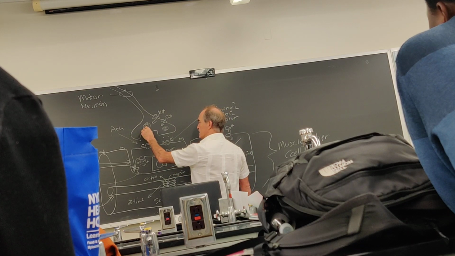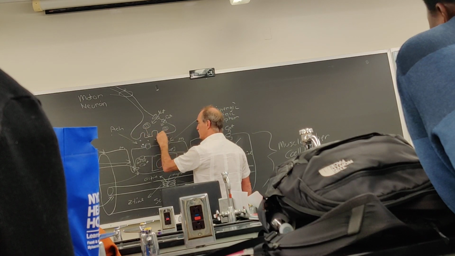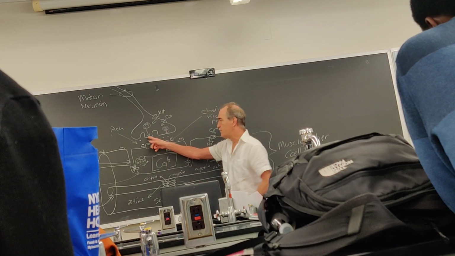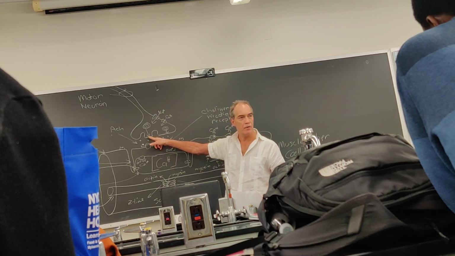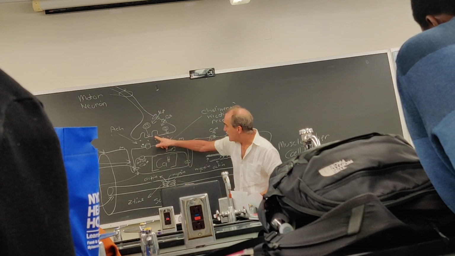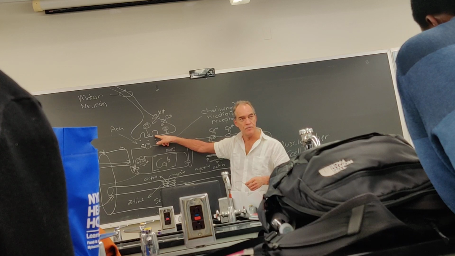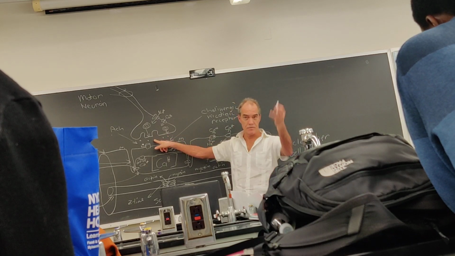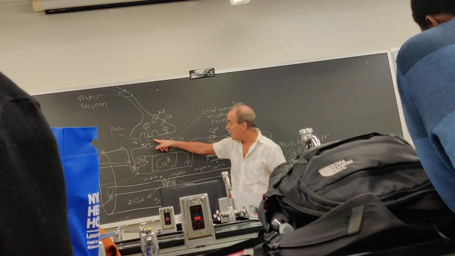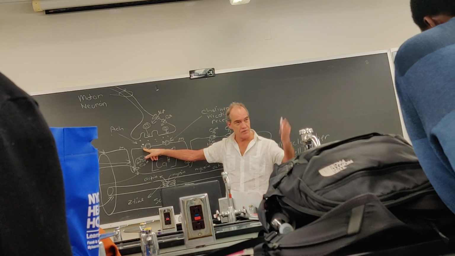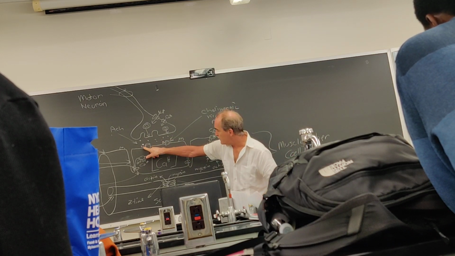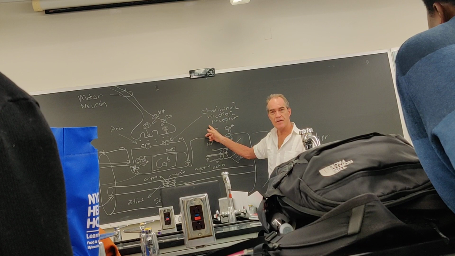Calcium is the messenger that tells the synaptic vesicles to move forward, to bind with the membrane and go through exocytosis. Acetylcholine diffuses across the cleft. This is all reviewed, by the way, right? And now here's where we get to the new stuff. Acetylcholine binds with the cholinergic nicotinic receptor.